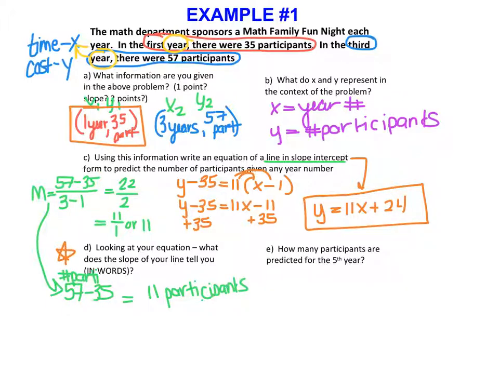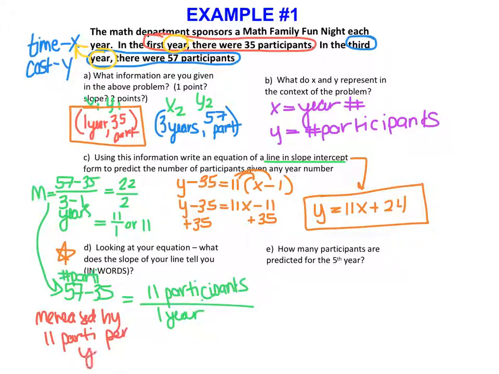And my denominator, 3 and 1, were years. So I had 1 year once I simplified it. What this slope is telling us, 11 participants in 1 year, is that attendance increased by 11 participants per year.